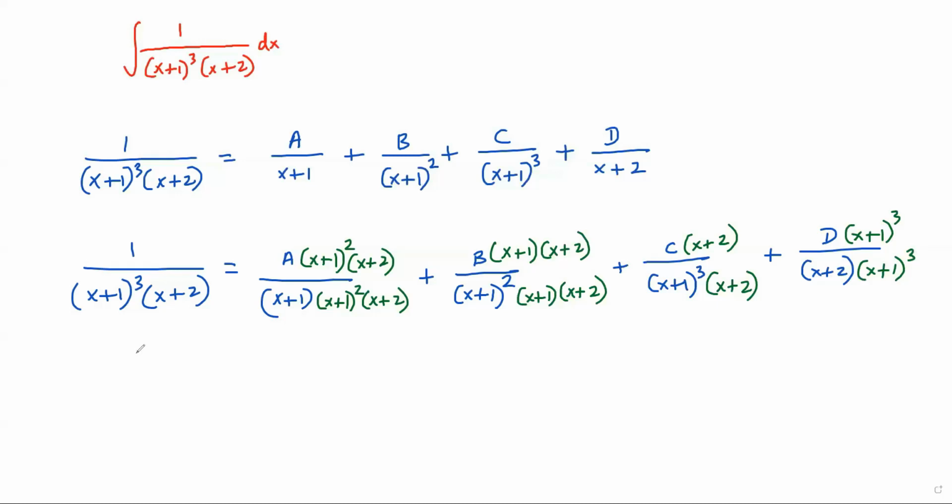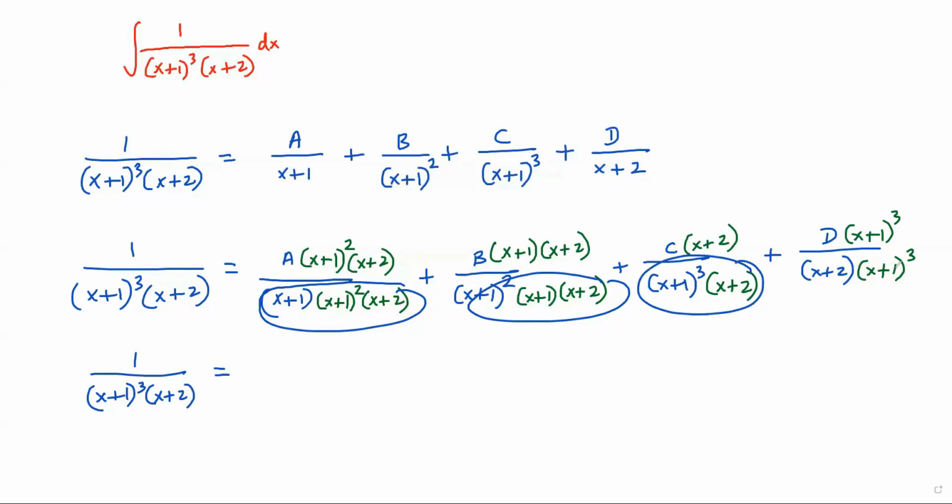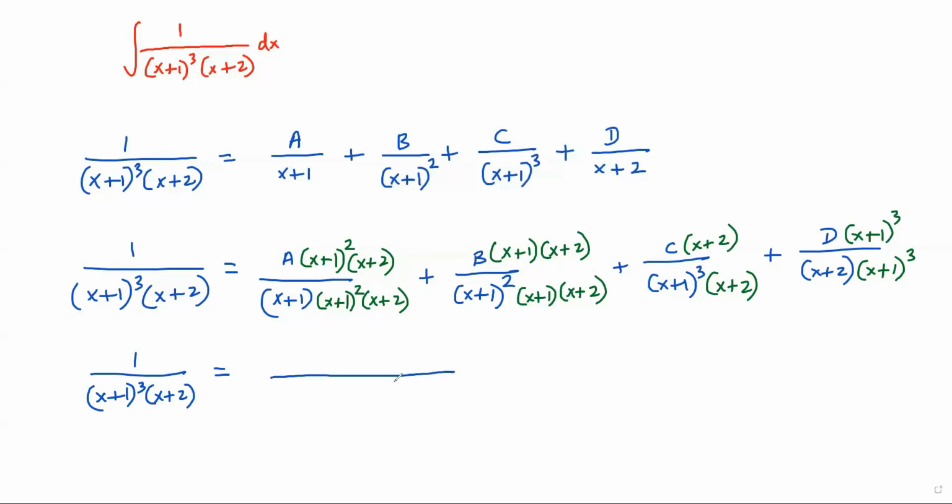So 1 over (x + 1) to the third power times (x + 2) is equal to, now just look at the denominator of each fraction. All of them are (x + 1) cubed times (x + 2). So we can take the denominator in common, that is (x + 1) to the third power times (x + 2).